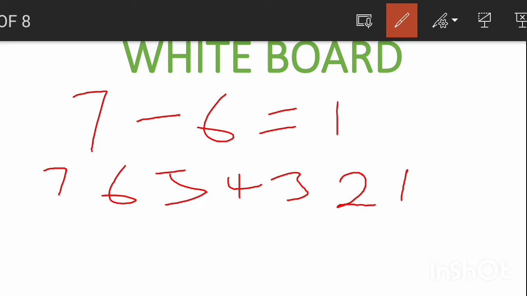If you count, 1, 2, 3, 4, 5, 6. So the number you see after counting, looking for the second number 6 times, is 1. So that's why the answer is 1 for this particular number.